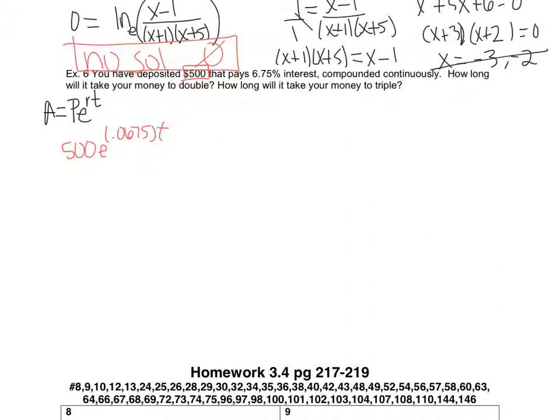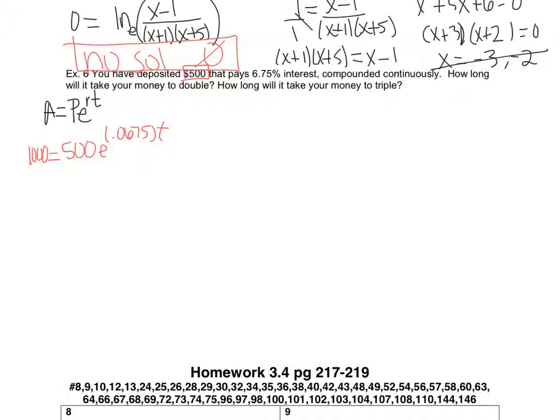How long will it take for you to double your money? Now, if I start off with $500 and I'm wanting to double that, that's going to give me $1,000 in the end. So this is my equation that I have set up. All I'm going to do now is solve for t, just like if we solved for x in any of our other problems.